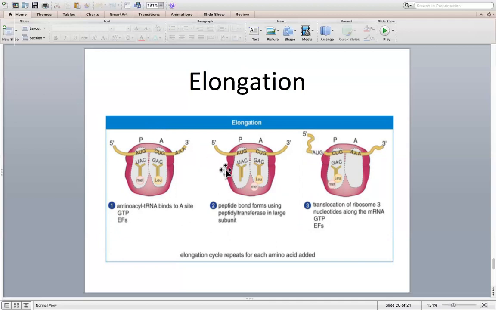The next step is going to happen at the P site over here, and that's going to hold the tRNA that carries the growing polypeptide chain. So the A site would be like supporting it initially, and then the P site would be like holding it as the amino acids are added to the polypeptide chain as it goes along.